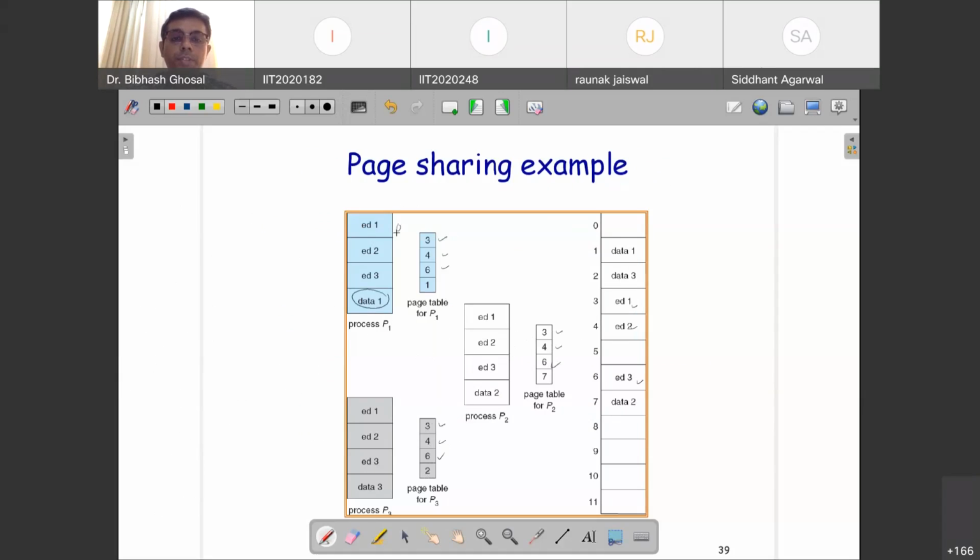This is page number 0, page number 1, 2, 3. Page number 0, 1, 2 is the same for both processes. So they are sharing the same frame in the physical memory. The difference is in their data. That is page number 3. So page number 3 will be different, and that will be different from data 1 and data 3. And similarly for data 2 as well.